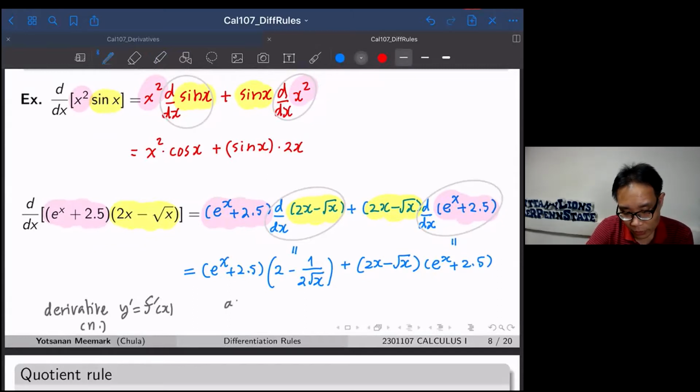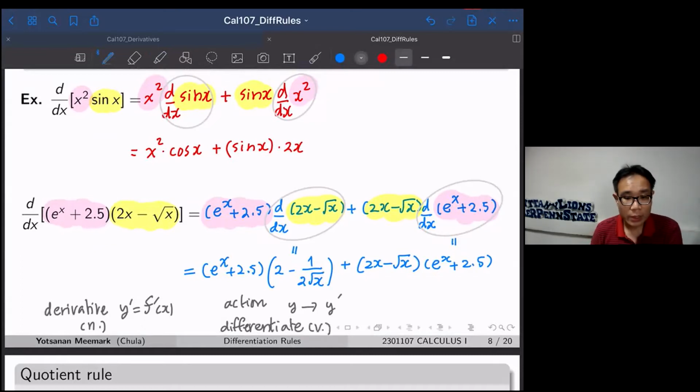The action to go from y to y prime is called differentiate, and this one is a verb. So the action is that we have the function y and we obtain the derivative. So this one is the function and this is the derivative.